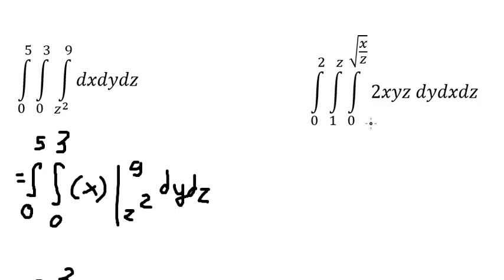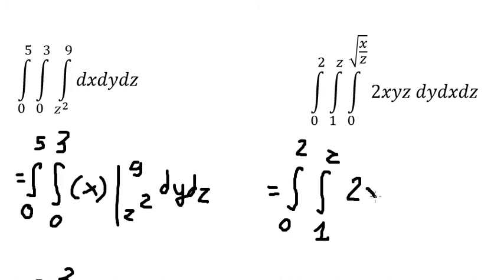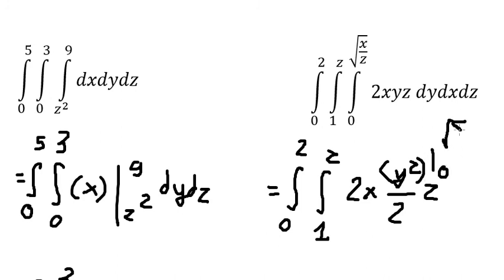Now let's go to the next one. The integration of y, we have y squared over 2. So I will put the bounds in here from 0 to the square root of x over z.